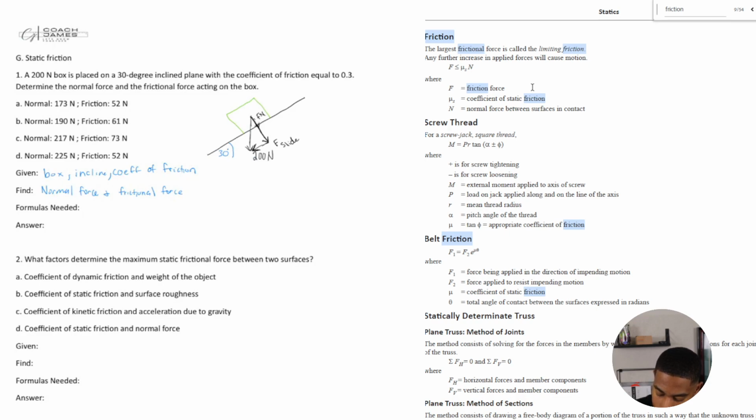All in all, you have something perpendicular and parallel, and this weight is causing it to do something. And there's a level of friction that's trying to act equal and opposite to keep this thing from slipping. Well, I don't know if it's trying to keep it from slipping, but naturally there's going to be some friction there. But right now what we need to find is the normal force. So I'm going to do the sum of the forces.